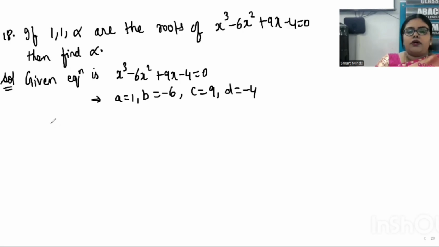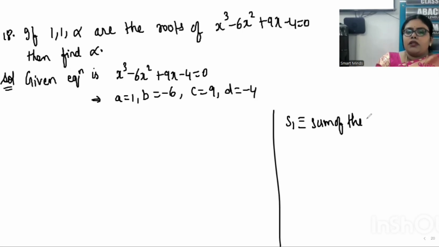Now what is given to us? 1, 1, alpha is given to us. So based on this, I will give you one concept. Sum of the roots is denoted by S1, that is alpha plus beta plus gamma.